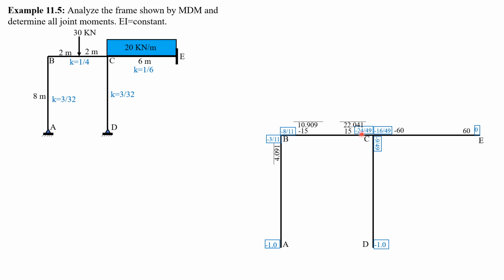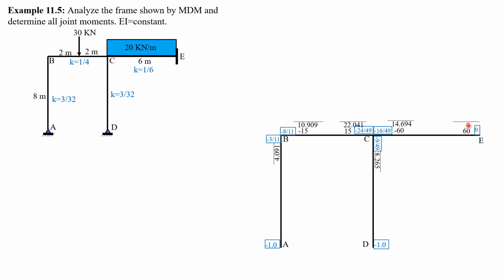Then replace 24 by 16, you have 14.694, lock partially. Then replace 16 by 9, 8.265, lock partially. Then of course 60 times 0 is 0, lock partially.